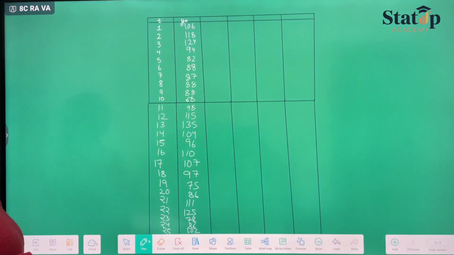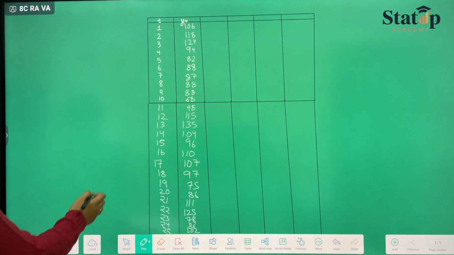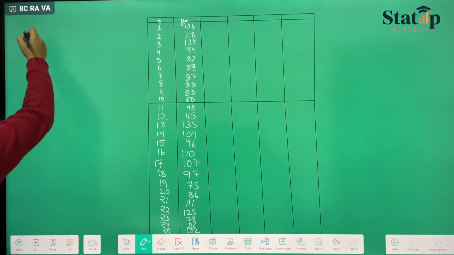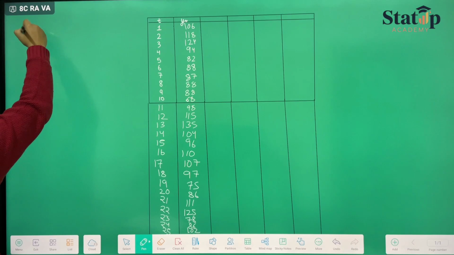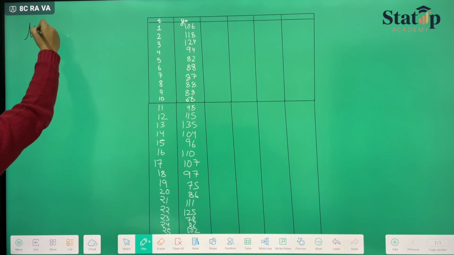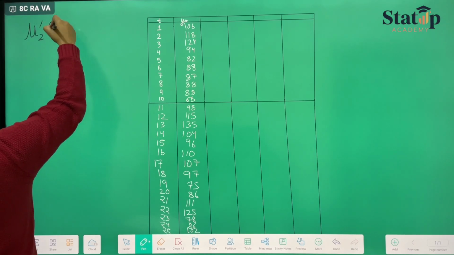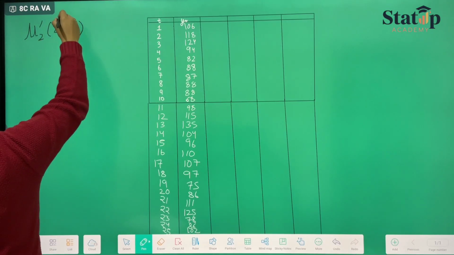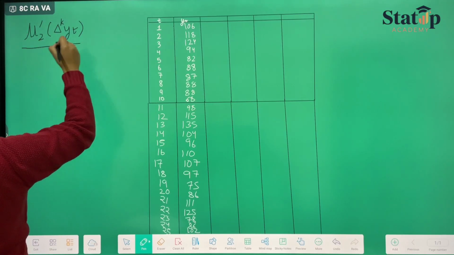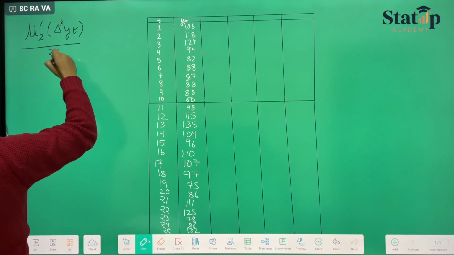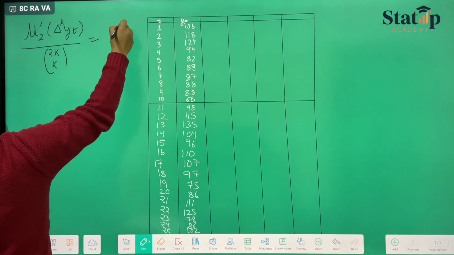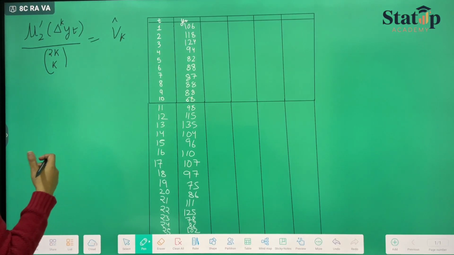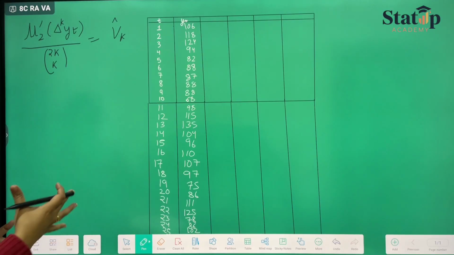So this is the table that has been given to us, and we have to apply the variate difference method. We all know that first of all we have to calculate vk, which is the variance of delta k yt upon 2kCk. First we'll calculate v1 and v2.